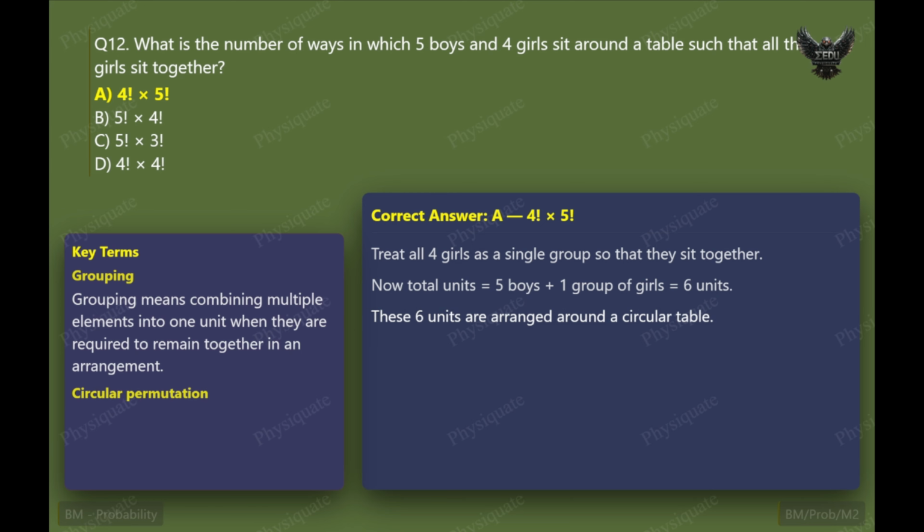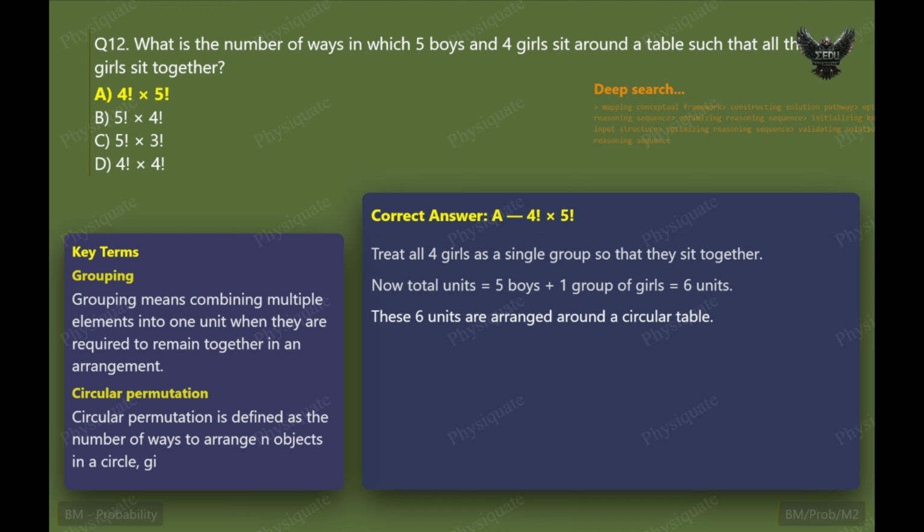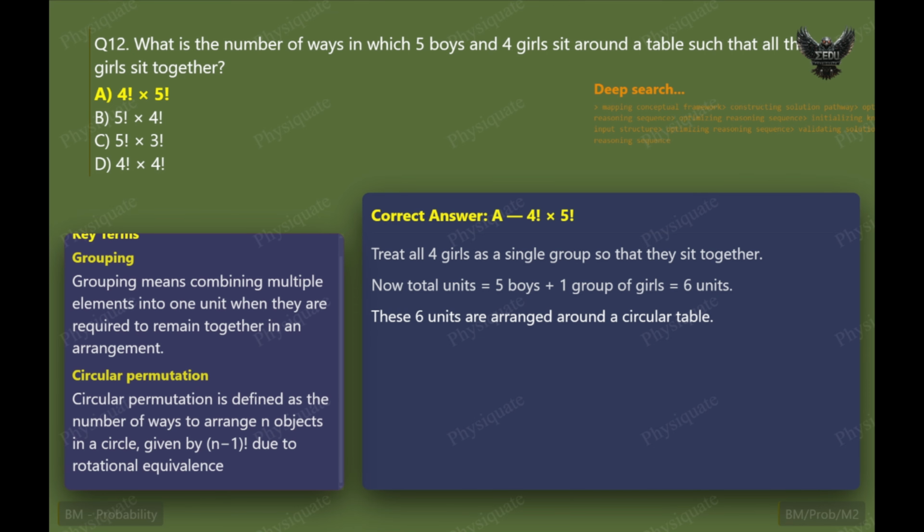Let us examine circular permutation. Circular permutation is defined as the number of ways to arrange n objects in a circle, given by n minus 1 factorial due to rotational equivalence. Thus, number of ways to arrange 6 units equals 6 minus 1 factorial equals 5 factorial.